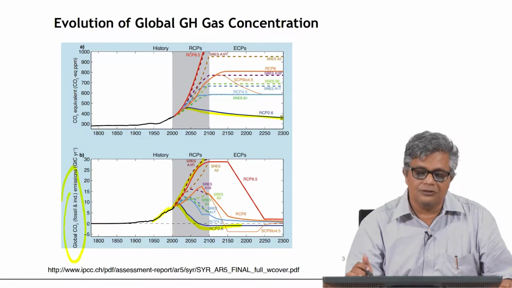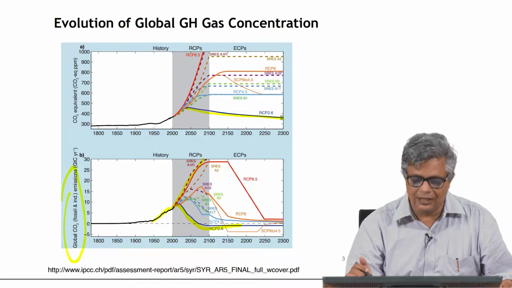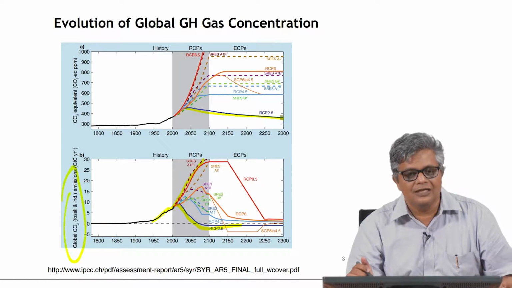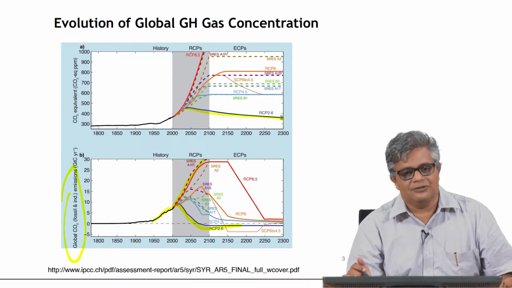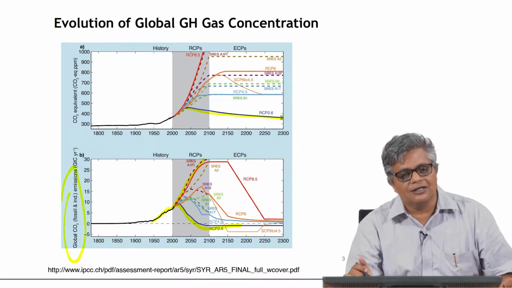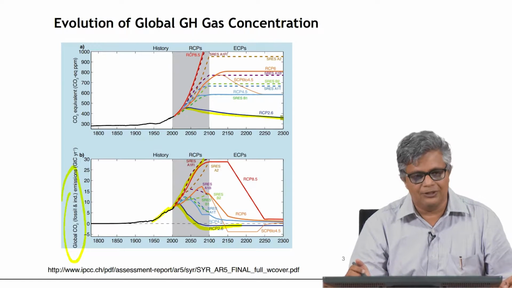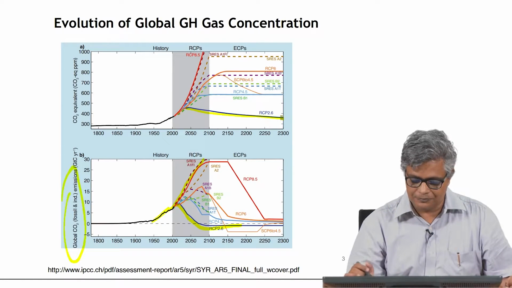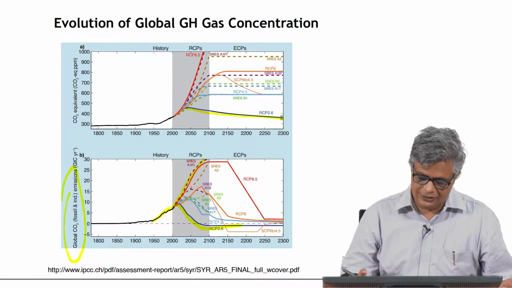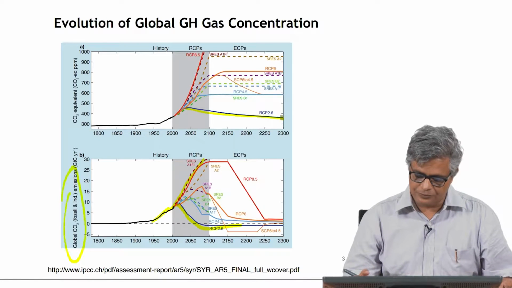So, if we were to cut down our carbon dioxide emissions and go into negative emission rates by the end of this century, and sustain it for a couple of centuries, then by 2300 we will again go back to sub 400 ppm concentrations, which were there before the industrialization era.